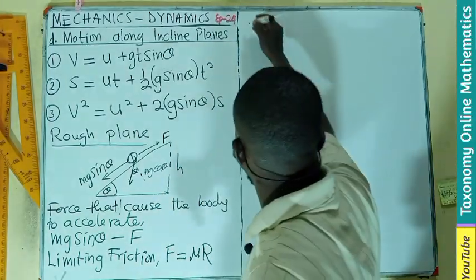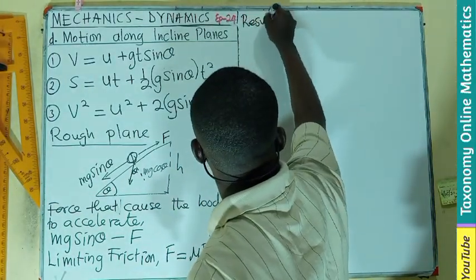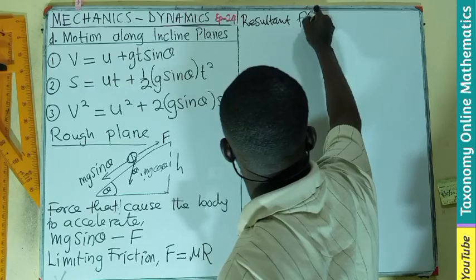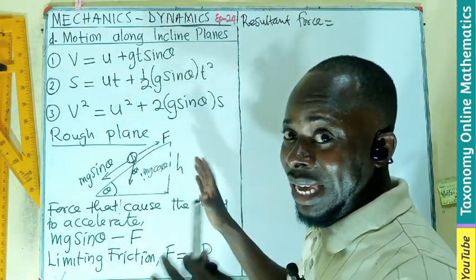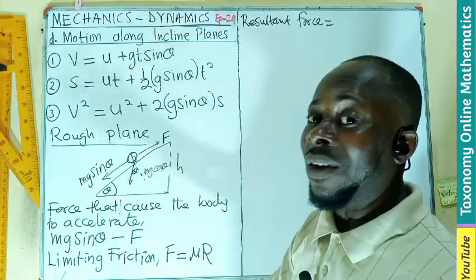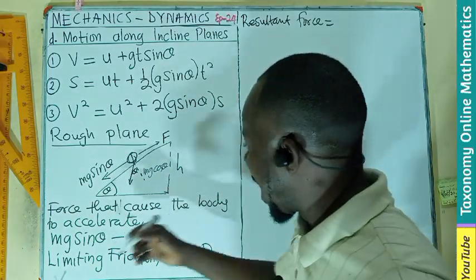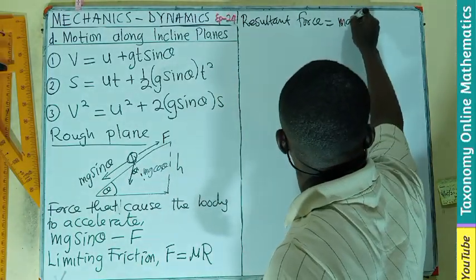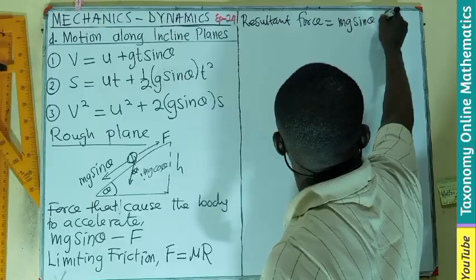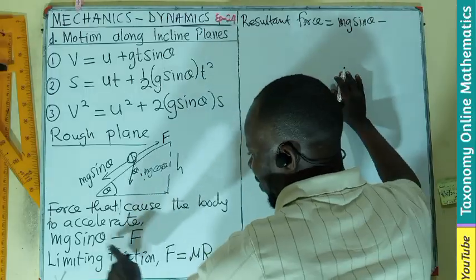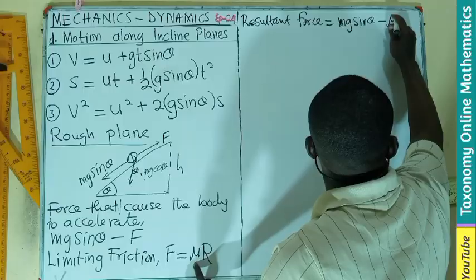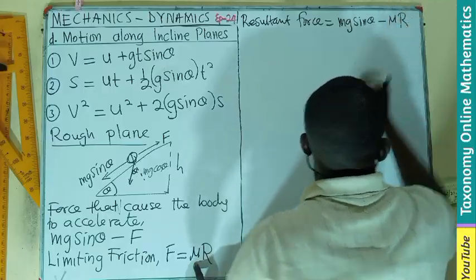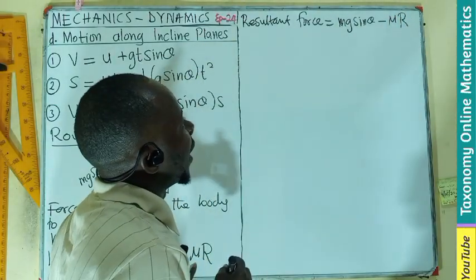So from here we can say that our resultant force, the force that is going to be the one making the object to finally accelerate, is going to be mg sine theta minus F, which is now the coefficient of friction times the normal reaction.